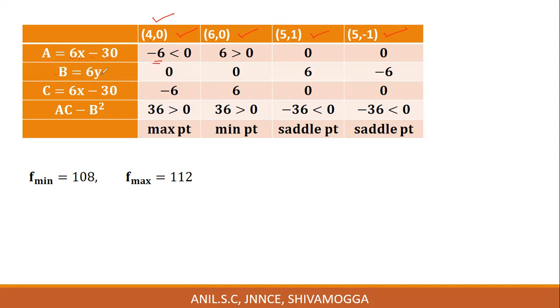And b is equal to 6y and y is equal to 0. Therefore, 6 into 0 is 0. C is 6x minus 30.